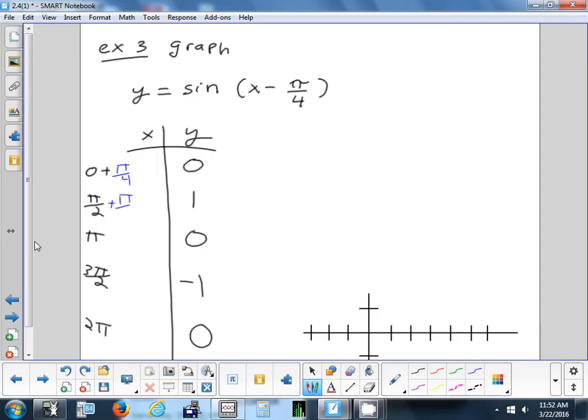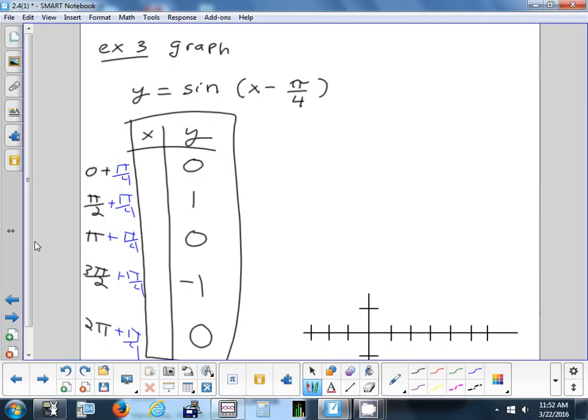Okay, so we're going to add pi over 4. Let's see what we got. Okay, first one's pretty straightforward. 0 plus pi over 4 is pi over 4. Okay, next one. Pi over 2 plus pi over 4.